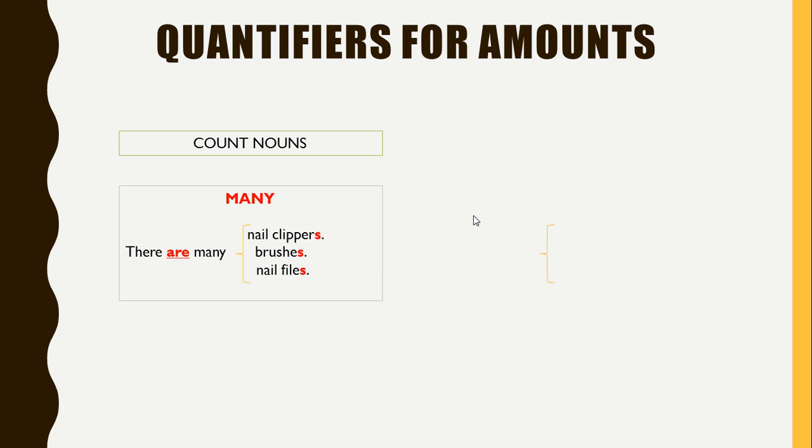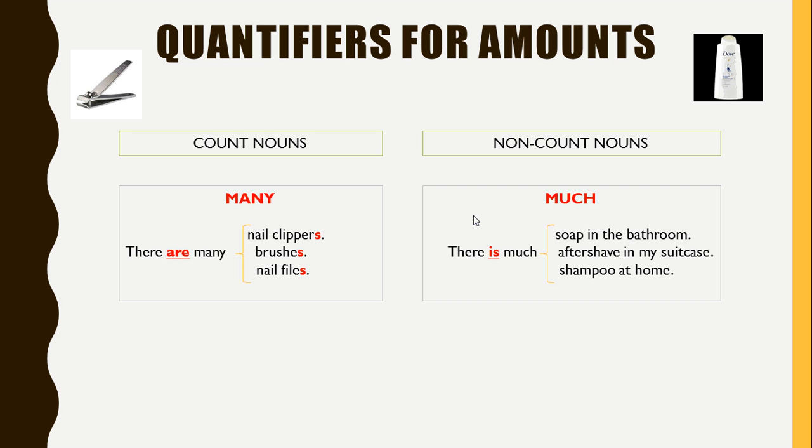For example, there are many clippers. With many, we can use count nouns. Many brushes. There are many files. But with non-counts, we use much. There is much soap in the bathroom. There is much aftershave in my suitcase. There is much shampoo at home.